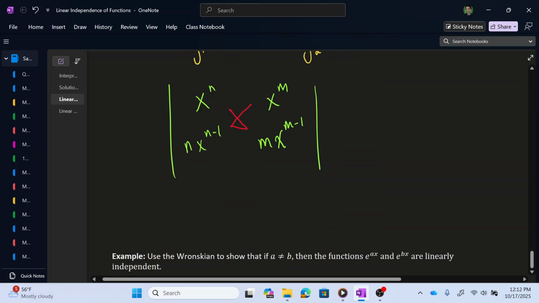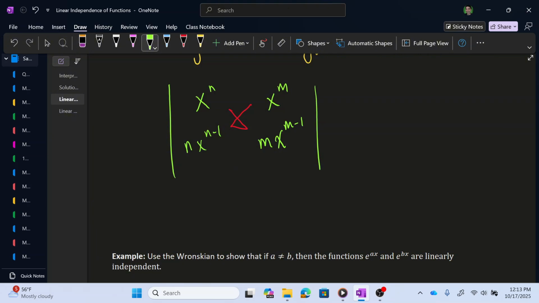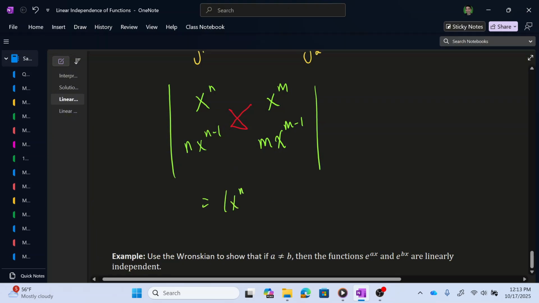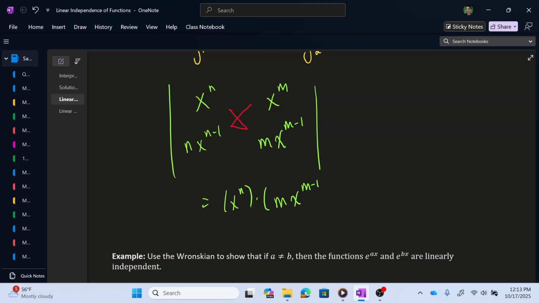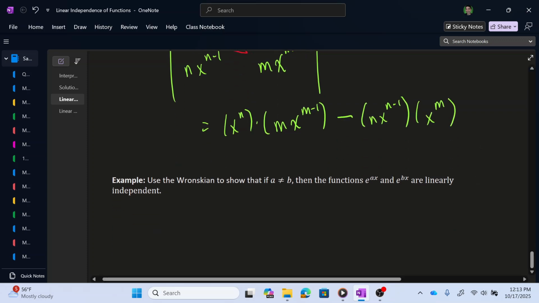which says start by taking the product of the 2 entries on the main diagonal, x to the n times m x to the m minus 1, and then subtract the product on the off diagonal, n x to the n minus 1 times x to the power m.